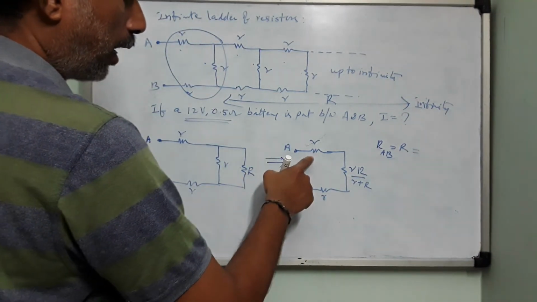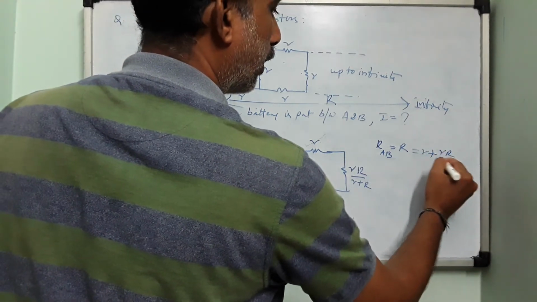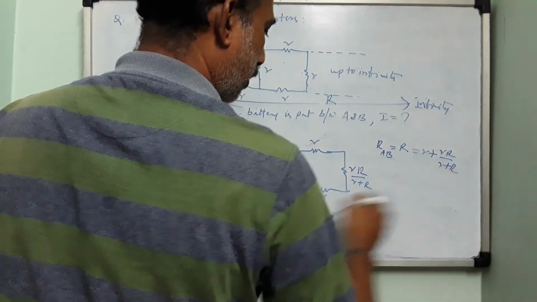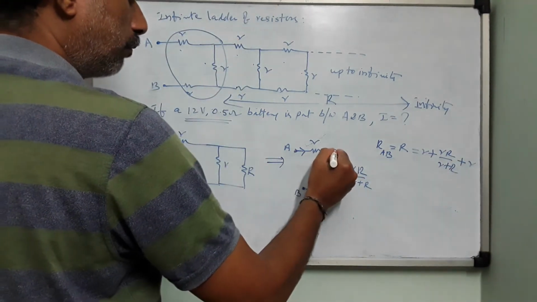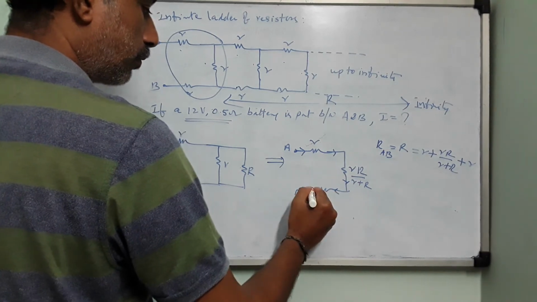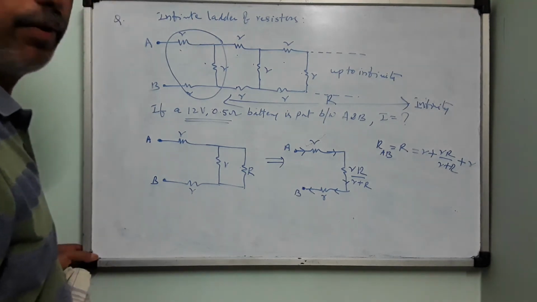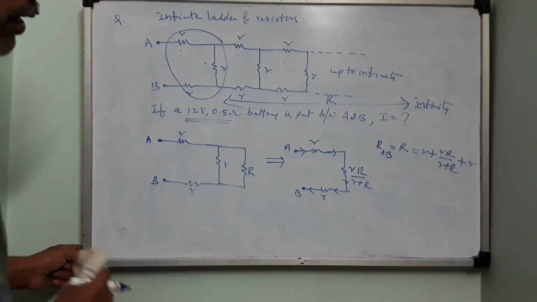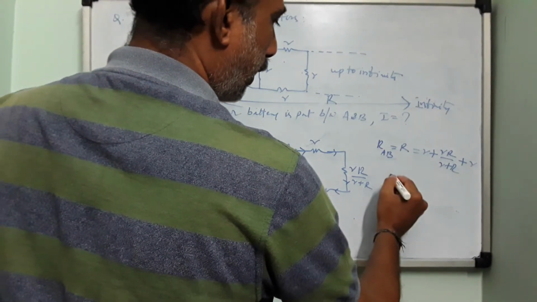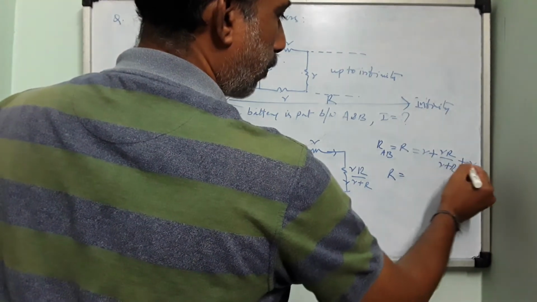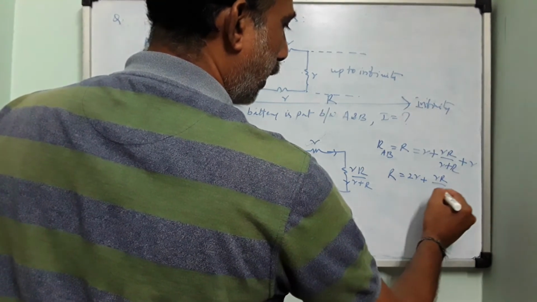So RAB is R plus the parallel combination, plus R. Are they not in series? Current will go like this, come like this, and there is no path for it to divide. Now R plus R is 2R, plus the parallel term.